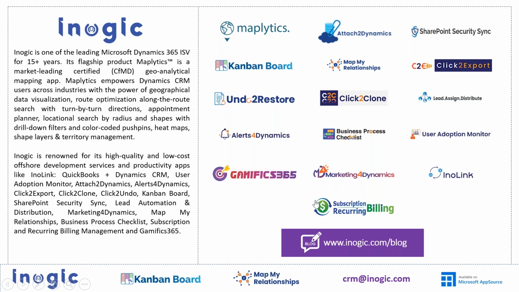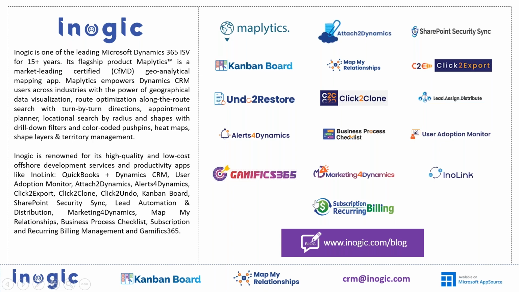From these 16, Maplytics is a flagship product, a market-leading certified geoanalytical mapping application that really empowers CRM users with geographical data visualization. On the other side, SharePoint Security Sync is a comprehensive solution that integrates Microsoft Dynamics 365 with SharePoint for document management, along with an ability to sync the security privileges from Dynamics 365 CRM to SharePoint to ensure secure and reliable access to the confidential information and documents stored in SharePoint.